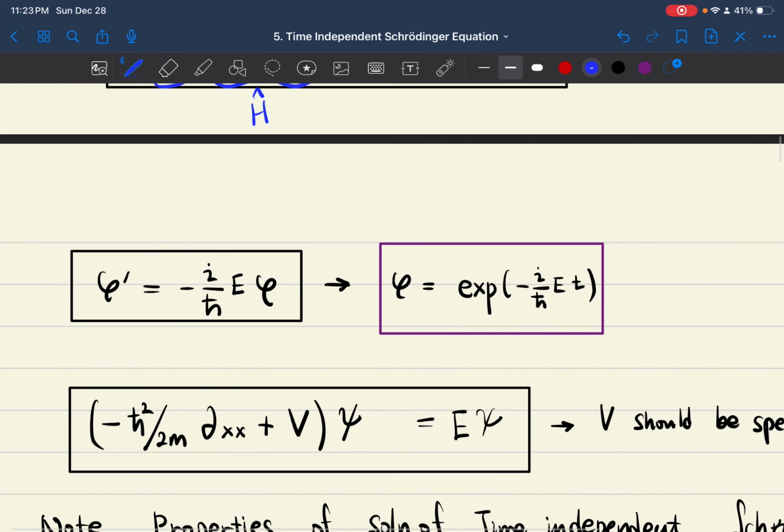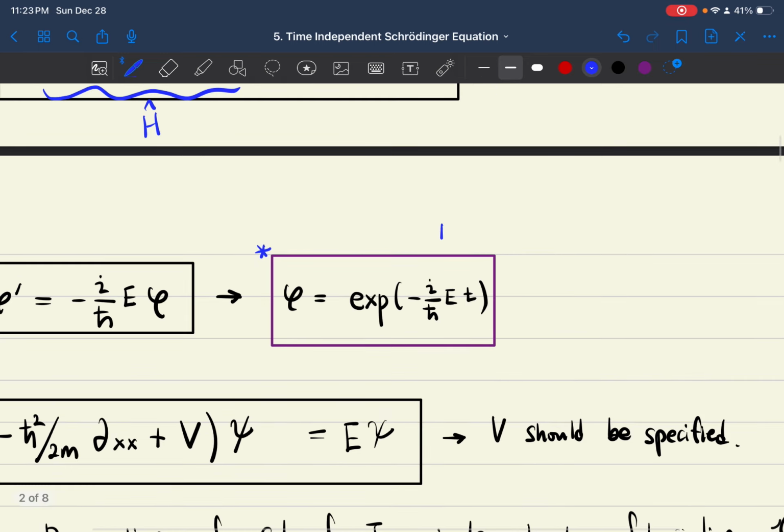When you solve the time equation, the ordinary differential equation for phi, we get this solution: phi equals the exponential of minus i divided by h-bar, E t. We call this the time wiggling term, since as t goes on, this phi wiggles like that.